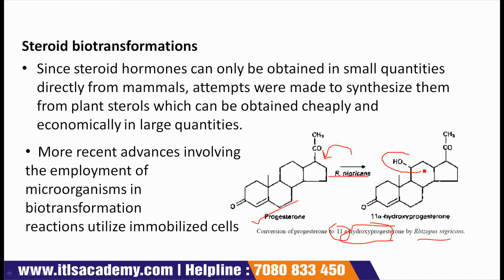You can see the hydroxyl group is attached to the 11th carbon. This is the 11th carbon of progesterone, and Rhizopus nigricans adds a hydroxyl group at this particular position and converts it to 11 alpha hydroxyprogesterone.